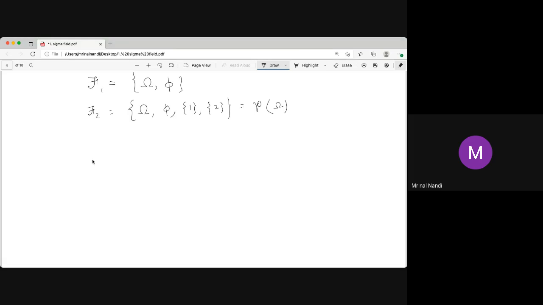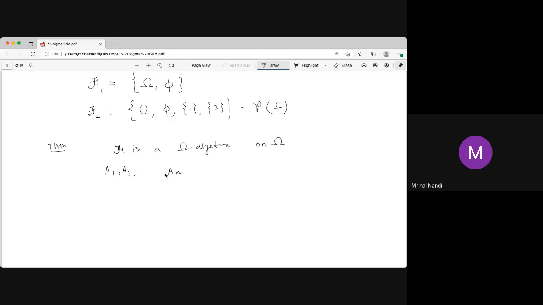Before defining sigma algebra, we have one theorem, or one result. If this is a sigma algebra, or sigma field, on omega, where omega is the set, and if A1, A2, and so on are in the sigma algebra, then the intersection is also in the sigma algebra.